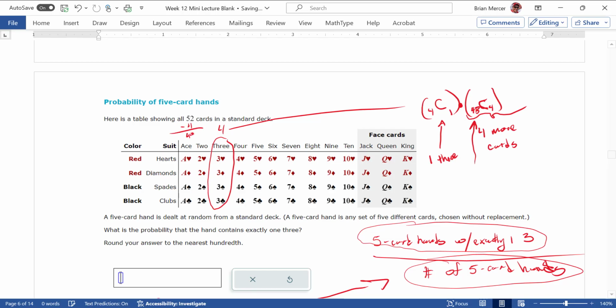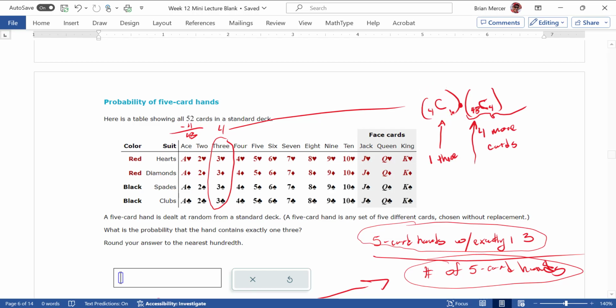So there are 48 other cards that aren't 3s that I can choose from. So again, fundamental counting principle, how can I do both of those things, get 1 3 and then 4 more other cards? I multiply those two things together, and I'm kind of making a mess out of this, but I'll just write it above it.